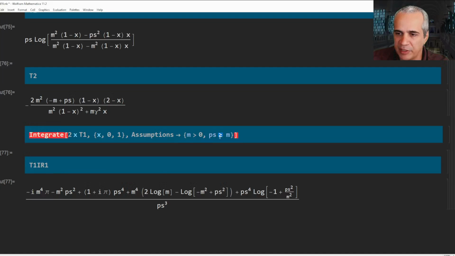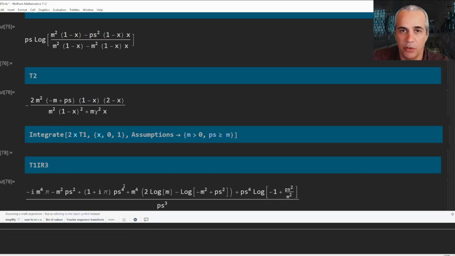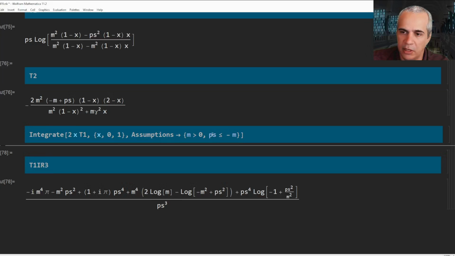And if I invert this, I make p slash bigger or smaller than minus m, because I can just take the momenta going into the other direction, I get the same result. So the same would be true if I make this smaller or equal to minus m. So in modulus, the momentum is still bigger than the mass.